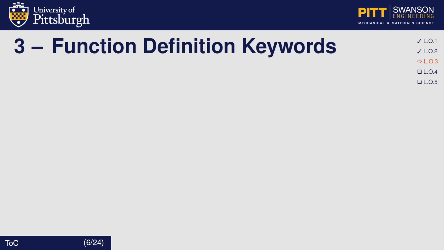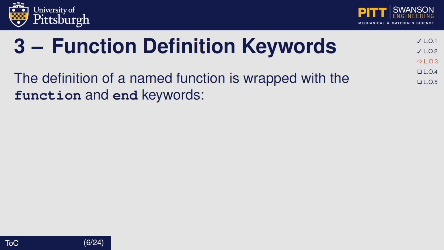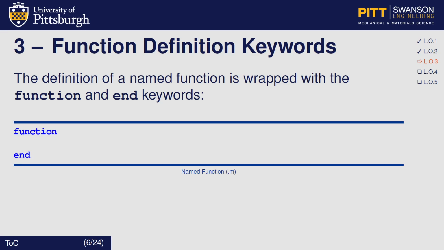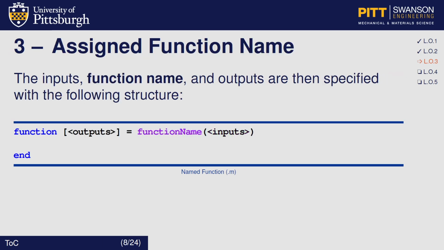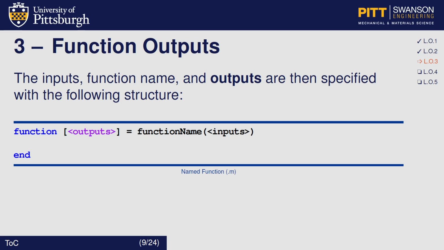Now that we understand what they are and a bit of how they're different from their anonymous siblings, let's introduce how to write a named function. The definition of a named function is wrapped by the keywords function and end as follows here. Then the inputs, the function name, and the outputs are specified as shown here following the function keyword.